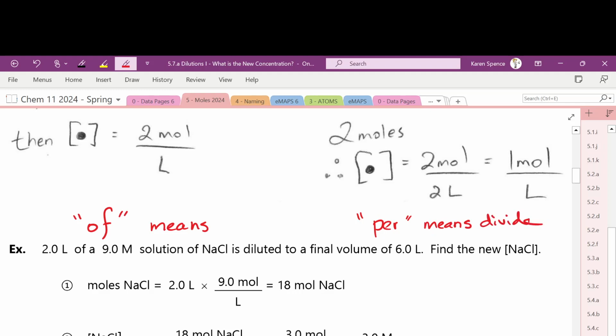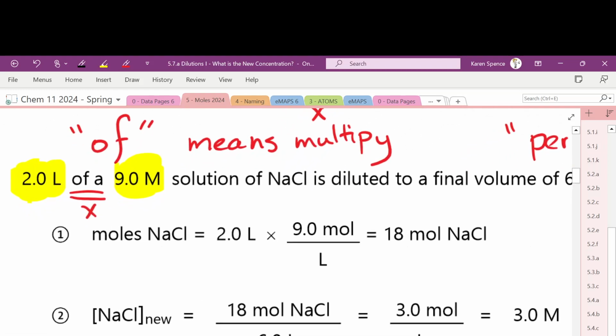Of means multiply. Times. Okay? So if you don't know what else to do with this problem, if this is a dilution problem, if you have an of in there, you can take your 2 and you can multiply by your 9 molar. Yes? Okay, now why is that going to work for us?